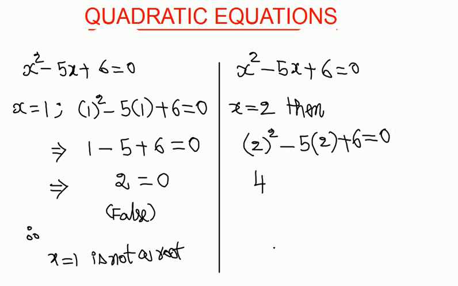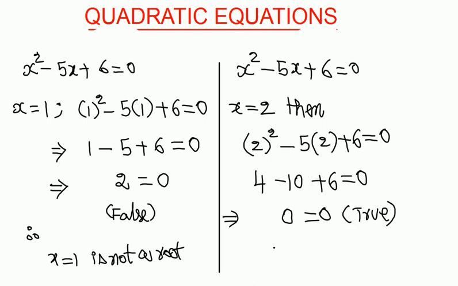That means 4 minus 10 plus 6 is equal to 0. So now here 0 is equal to 0. This is a true statement. So x is equal to 2 satisfies the given quadratic equation.